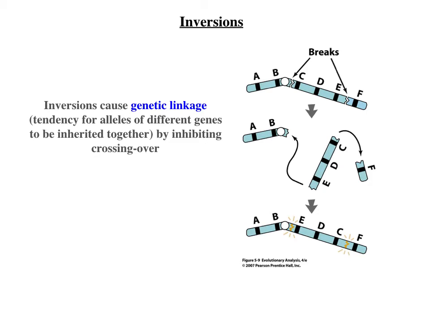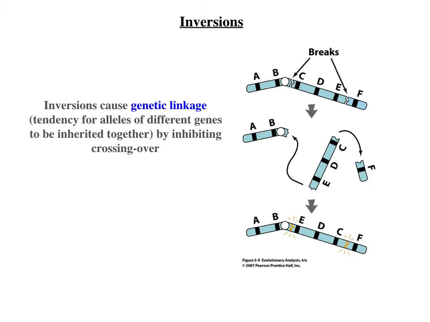Just as a reminder, what an inversion is, and the diagram depicts it here, is you essentially have a chunk of the chromosome that breaks away, reorients itself, and then attaches back to the same part of the chromosome or sister chromatid.